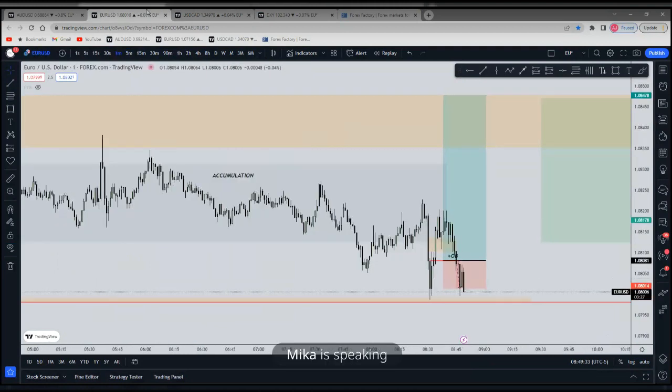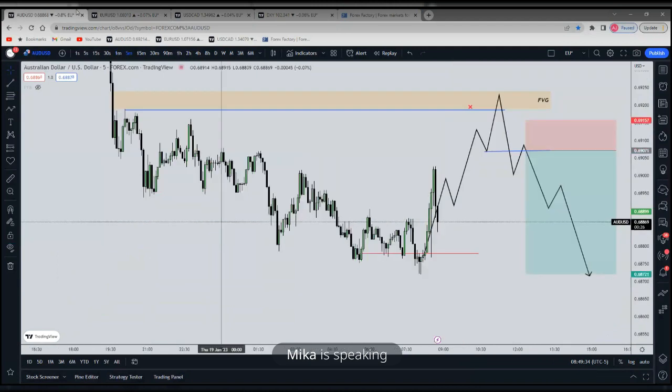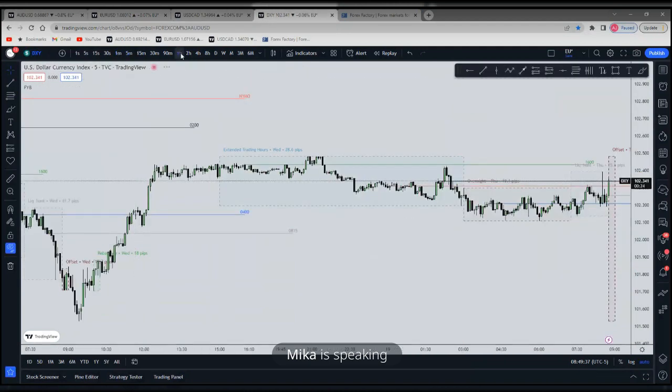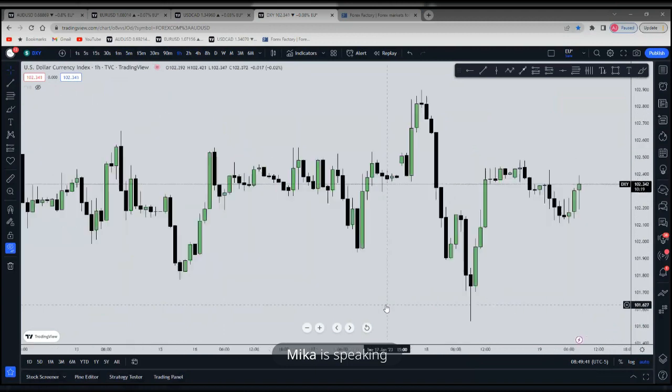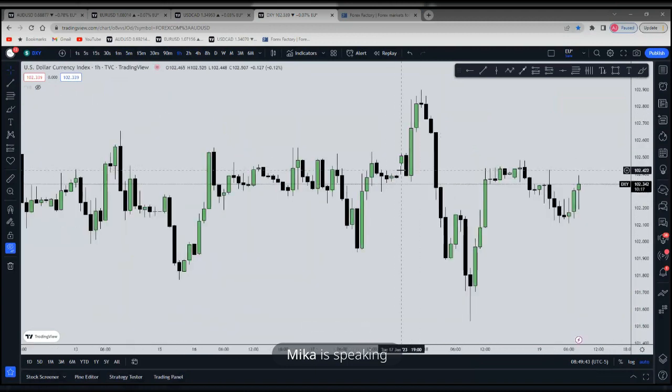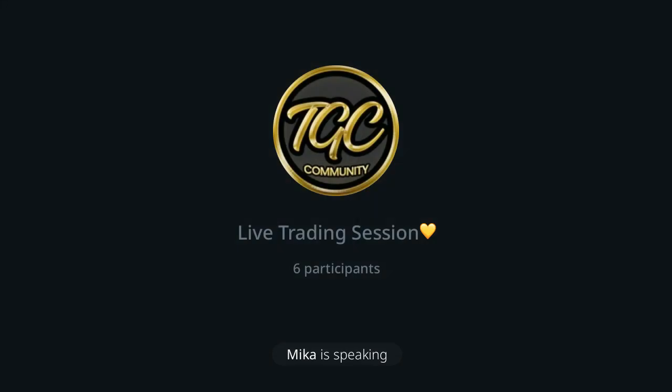As you can go to DXY 1 hour so that I can show them what I mean. If you zoom in a little bit, there's a balanced price range at 102 around. This as well, but then the lower one in discount. I want to have it trade down there first before going up if this is a bullish move.